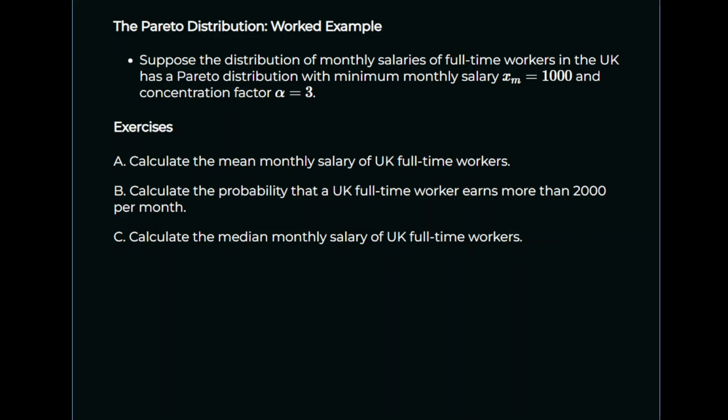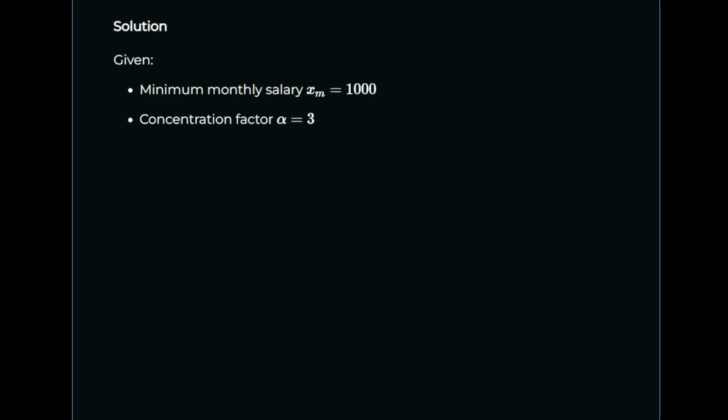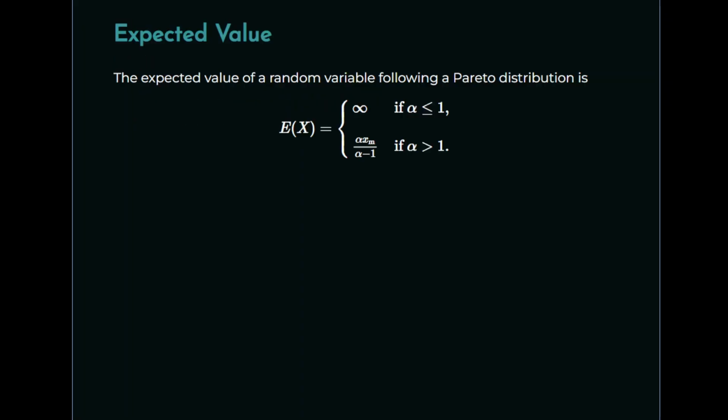Just to remark, these are the two arguments of the Pareto type 1 distribution: the concentration factor alpha, and the minimum, here the minimum monthly salary xm, which is 1000, and alpha equal to 3. Our answers are based almost entirely on those two numbers.